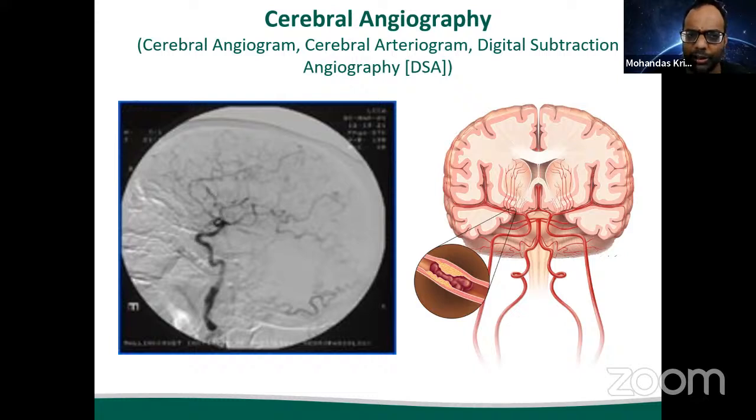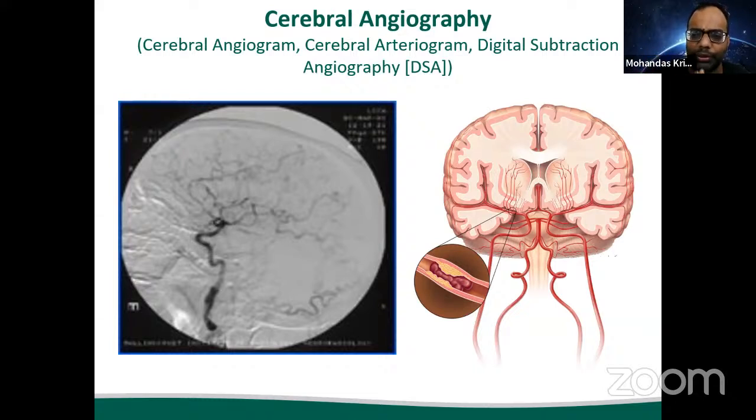Generally there are two types of angiogram: cerebral angiogram and DSA. The most important is the DSA. Whenever there is an aneurysm, we always advise digital subtraction angiography. You go from the pelvis area and enter the brain. You put a dye, and you can see the aneurysm inside the brain.